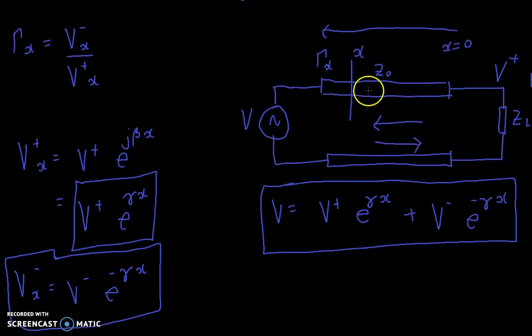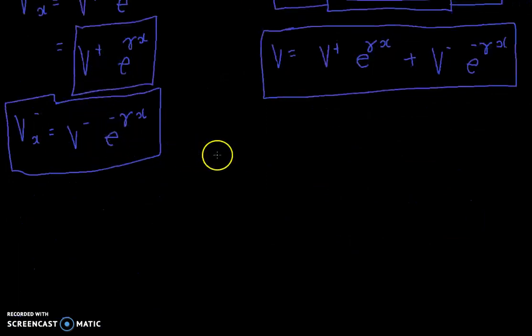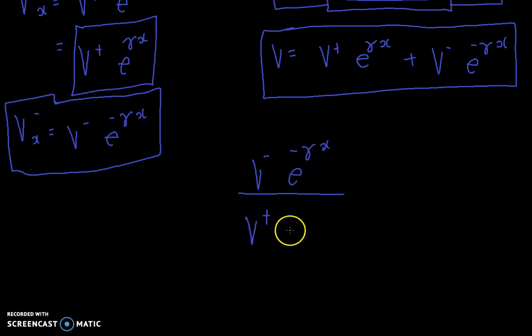Remember that our coefficient is V minus divided by V plus at x. So all we have to do is divide these two terms. So this is equal to V minus times e to the minus gamma x, which is the V minus at that point, divided by V plus times e to the gamma x, and this is equal to V minus divided by V plus times e.